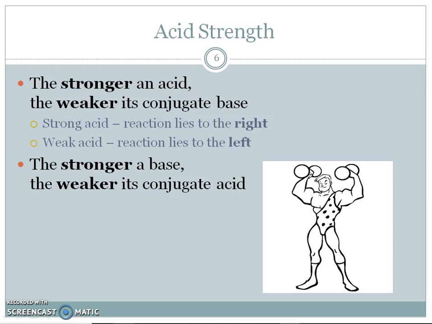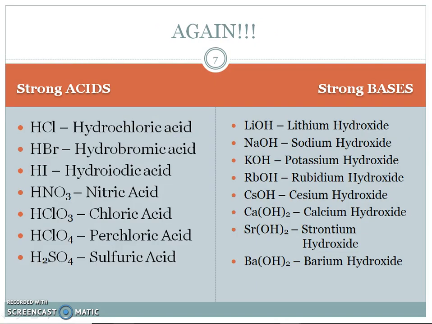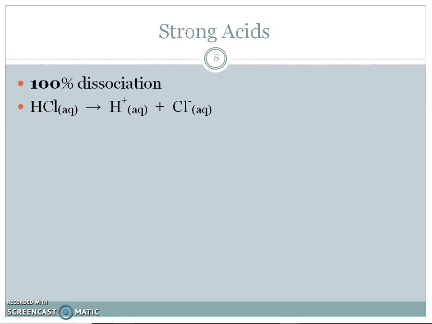Versus a weak acid, the reaction is going to be in equilibrium, and probably the reaction is going to lie to the left, where you have more of those acid molecules. It's the same thing with the base: the stronger the base, the weaker the conjugate acid. So again, you need to memorize these. You should already have them memorized from Chapter 4.